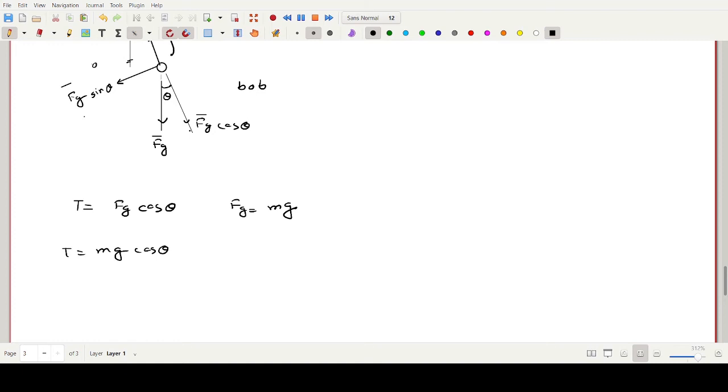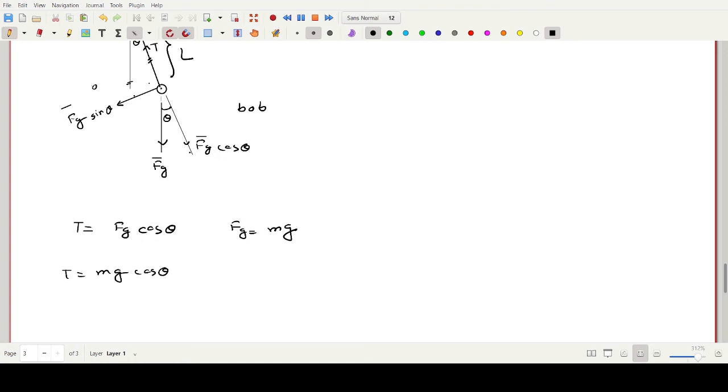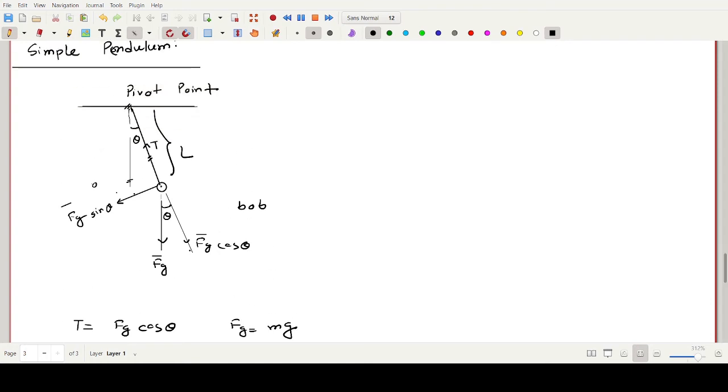So this is the tangential component, or sine component. The sine component of Fg gives a restoring torque about the pendulum pivot point. So Fg sine theta gives a torque acting on this bob since it is rotating about this pivot point.